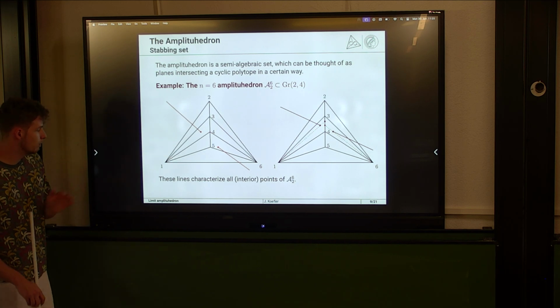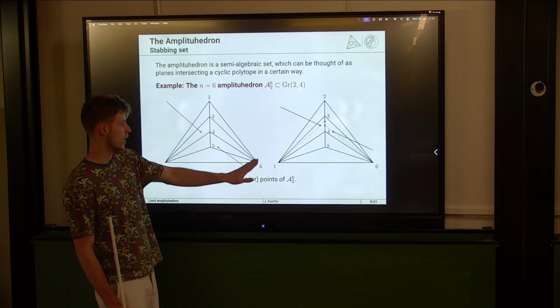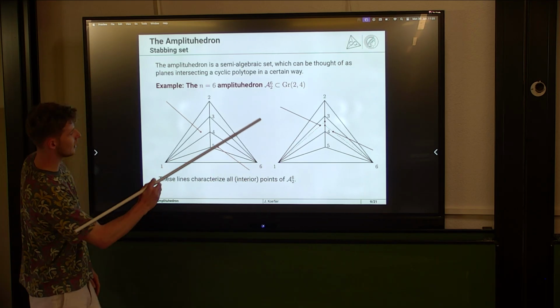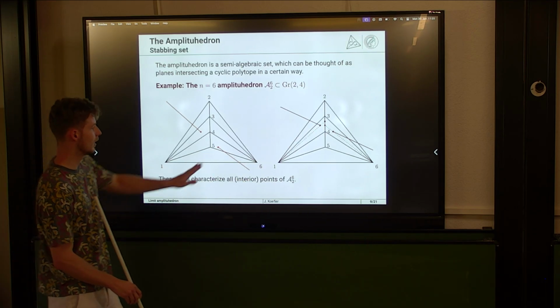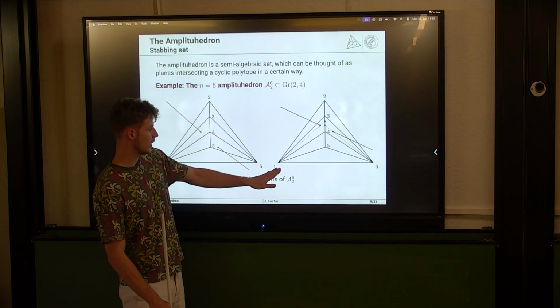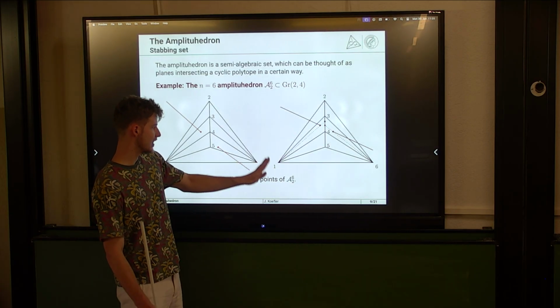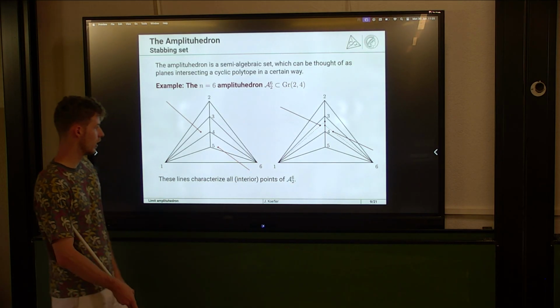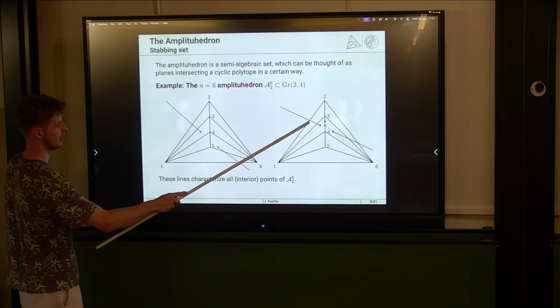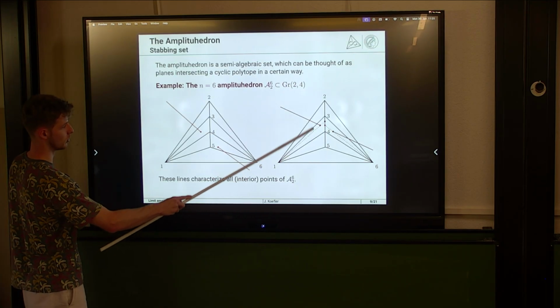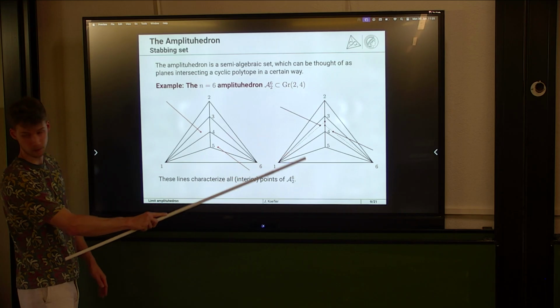A point still in the interior of the amplituhedron could also be such a red line where they now enter through two facets of the cyclic polytope which share an edge, the edge 3, 4.